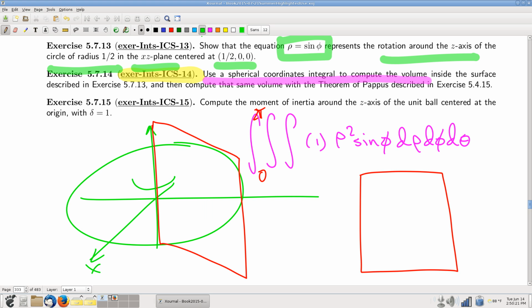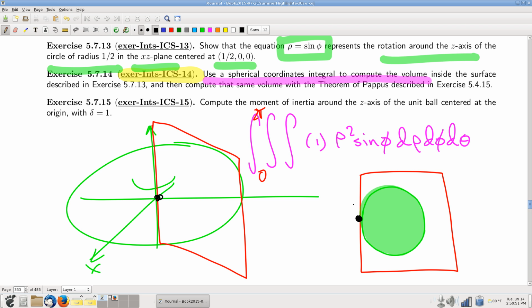The whole point was, from the previous exercise, that this is a circle, or a disk. And on that disk, let's make sure to note where the origin is. The origin is here.